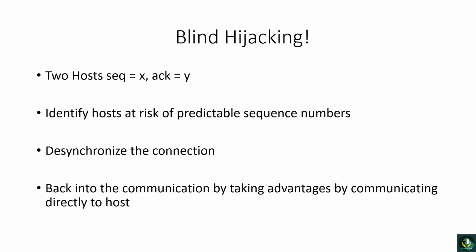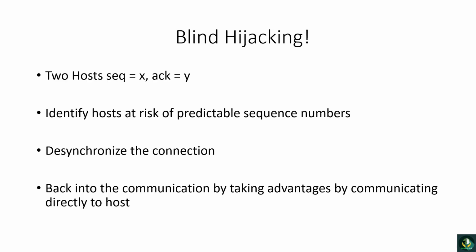So we look at a number of different attack vectors for TCP hijacking, and I want to start with blind hijacking. What the attacker is trying to do here is predict the sequence number the target host sends, so that they can create what appears to be a legitimate connection from the host. It's blind because they cannot discover the existing sequence numbers themselves. They have to predict them instead.